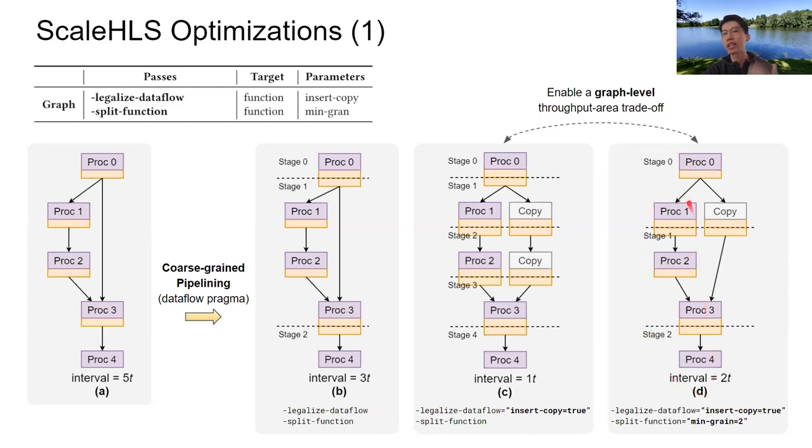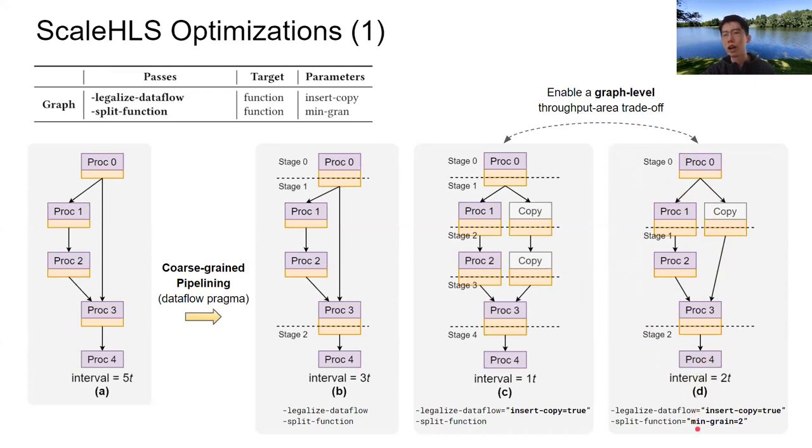Then we have a 3-stage pipeline, and we can save some memory resources, such as the buffer here. And meanwhile, because the interval is increased, you have more opportunity to do the resource sharing. So the computation resource will also be reduced. So in this way, we can trade off between the throughput and the resources we utilize.